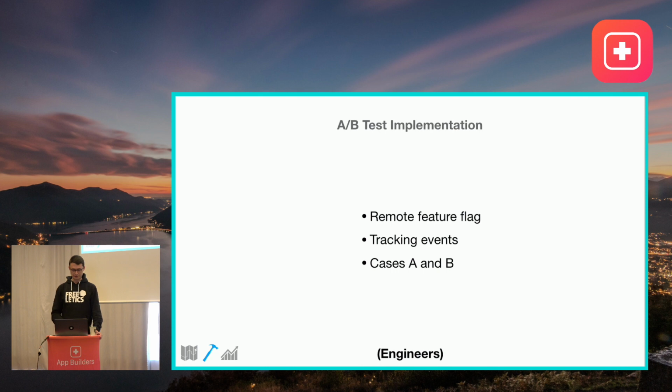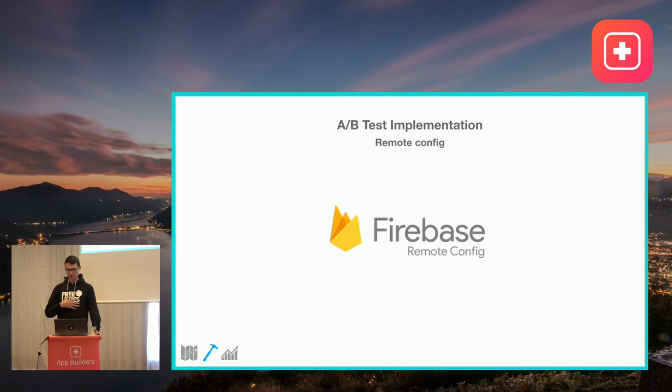Let's go through this list, what we use at Freeletics. It's very tempting to build your own remote feature flag system. It seems really simple and straightforward, but actually it's not, because you have to consider a lot of parameters.